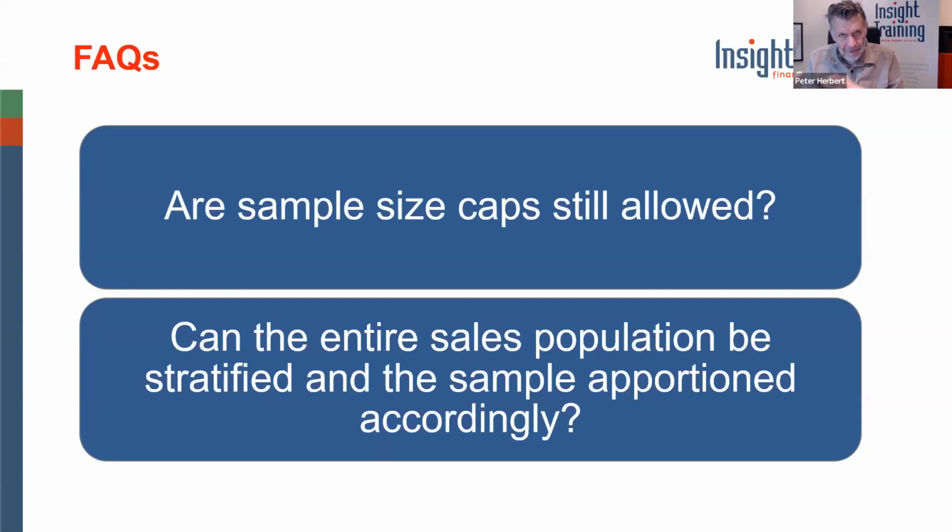Again, going back to the way that sampling works, you can only draw inferences about an entire population by looking at a sample where that population is homogeneous.